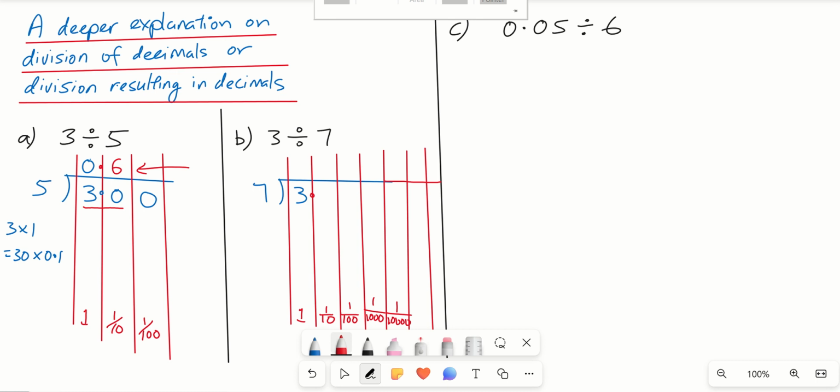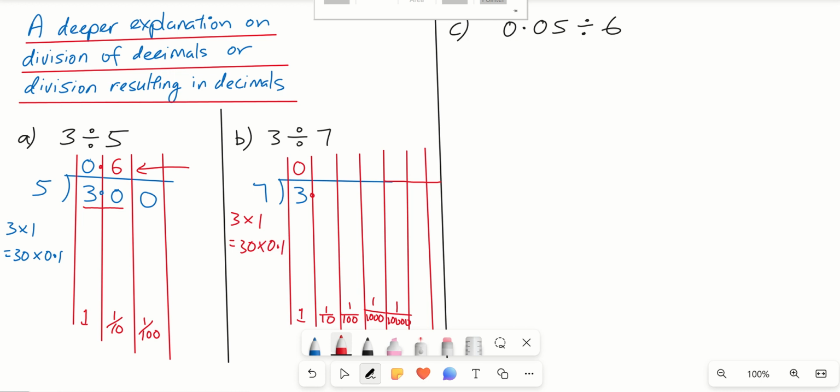So again, we know that 0 7s go into 3. So I can't divide 3 neatly by 7. But we can change 3 ones into 30 units of 0.1, or 30 units of 1/10.